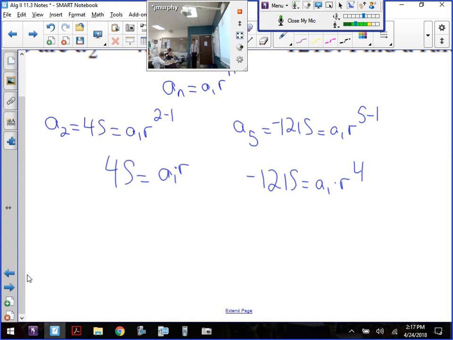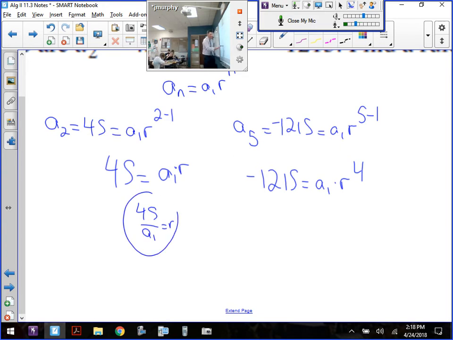I've got two equations and two variables, so I'm going to want to try to use substitution here. What should I substitute in for? Should I solve one side for the first term, or should I solve for the rate with 45? Which one will be cleaner? If you get the rate by itself, you get 45 over the first term is the rate.